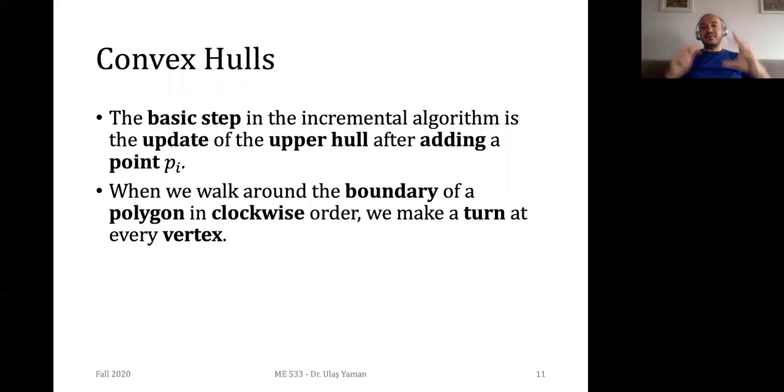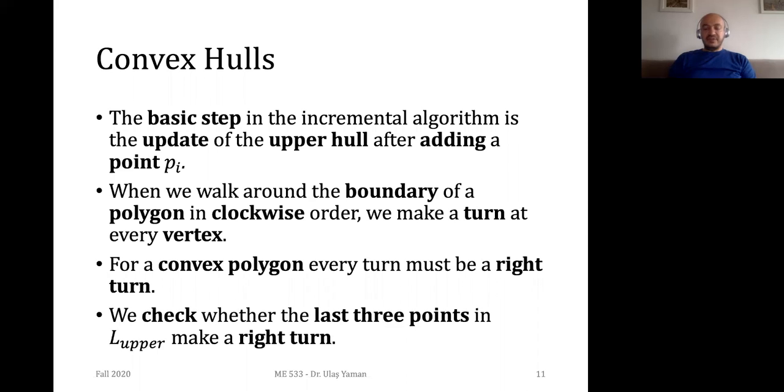If you remember the convex hull of any given set, if you are moving around the convex hull in a clockwise manner, you should always be making right turns. So this is an important issue. If you have a left turn, then that means it's not convex. So you should forget about that portion and find another portion which makes a right turn.